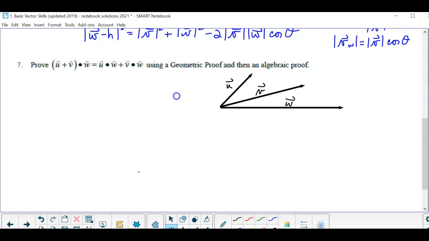The angle between U and W, let's call that theta. And the angle between V and W, let's call it alpha for now. So I'm going to start with the right-hand side, because then I don't have to do any adding of vectors.